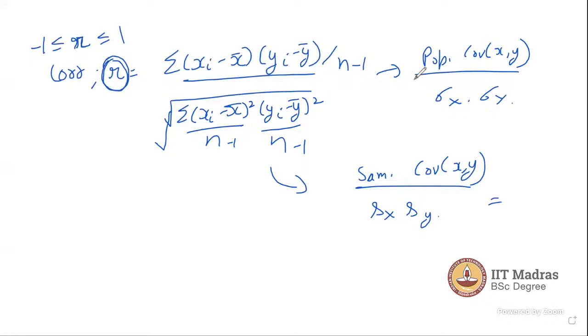Do we have a separate correlation coefficient based on population and sample? No, it's the same for both.